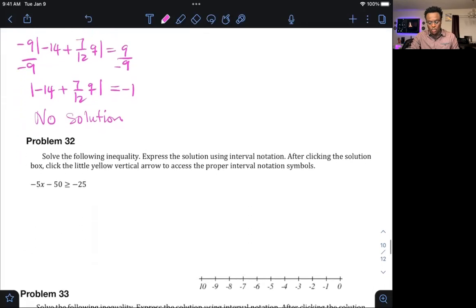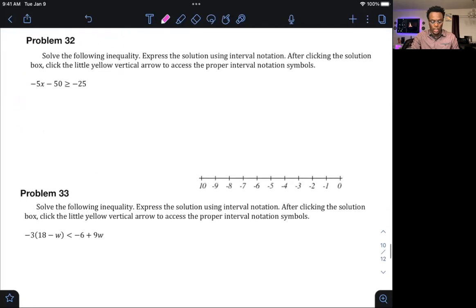Next problems will be about solving inequalities. When solving inequalities, you may be asked to graph the solution on the number line and to give the answer in interval notation. So both of them may be something that you need to pay attention to, because you may be asked to give both in some problems as well.